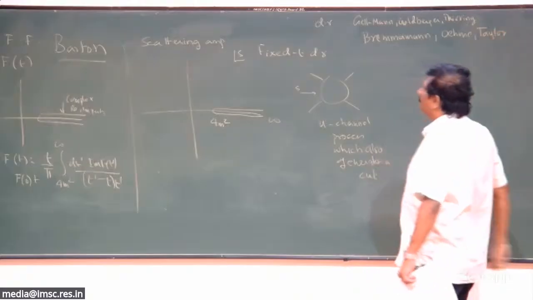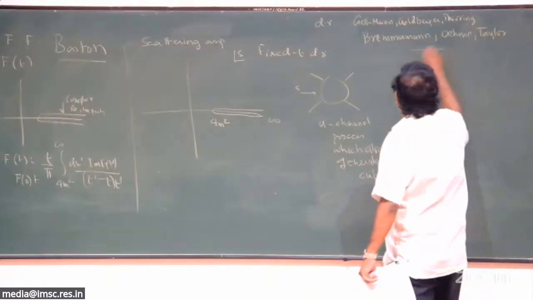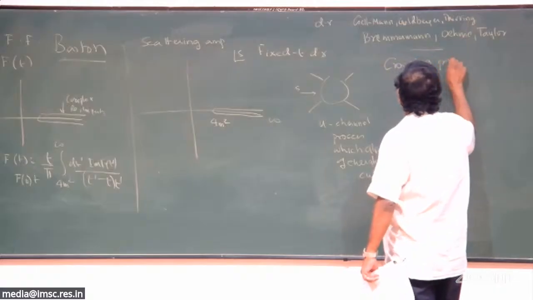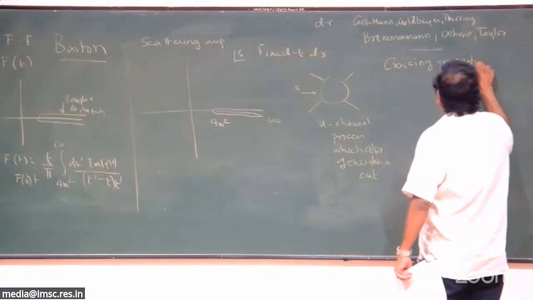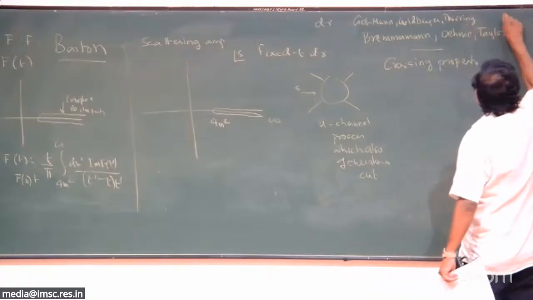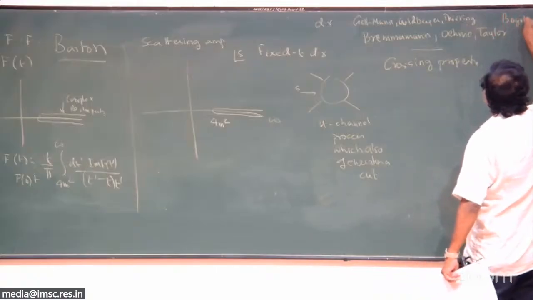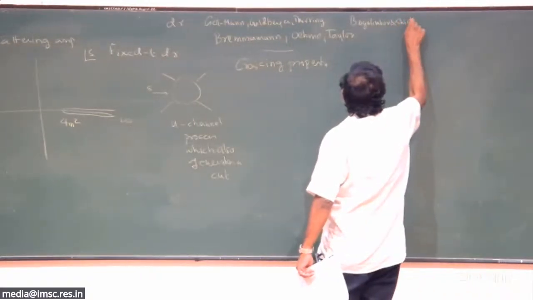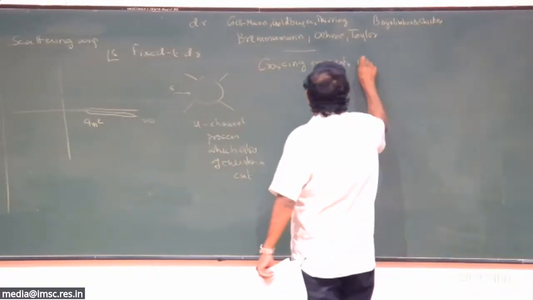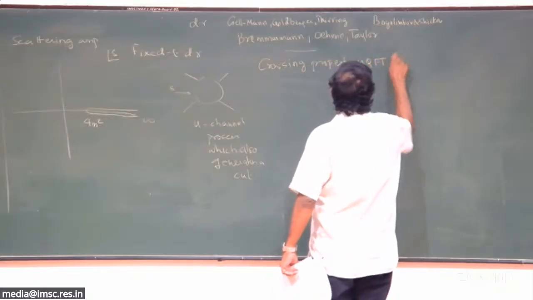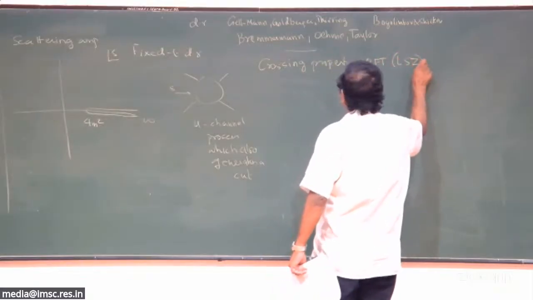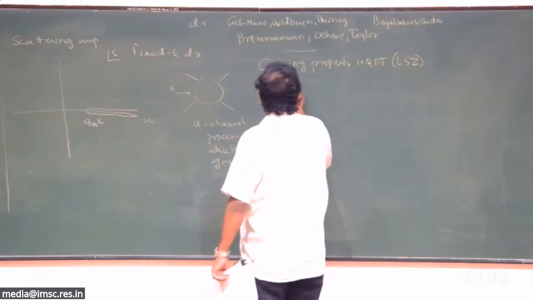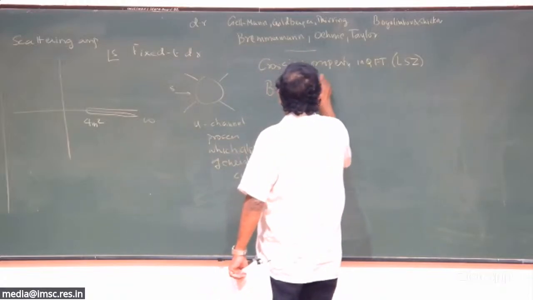But the crossing property rigorously proved, amazing. I think this also probably Bogolyubov and Shirkov. Crossing property in quantum field theory, by which you may loosely say it's the LSZ formalism, was proved by Bros, Epstein, and Glaser.